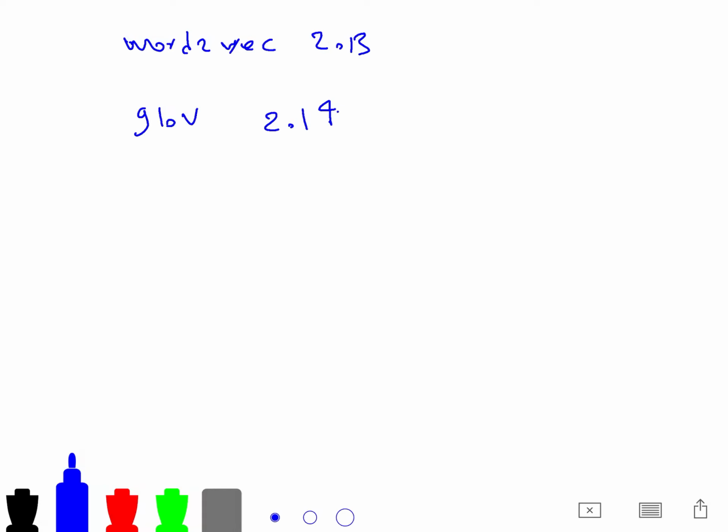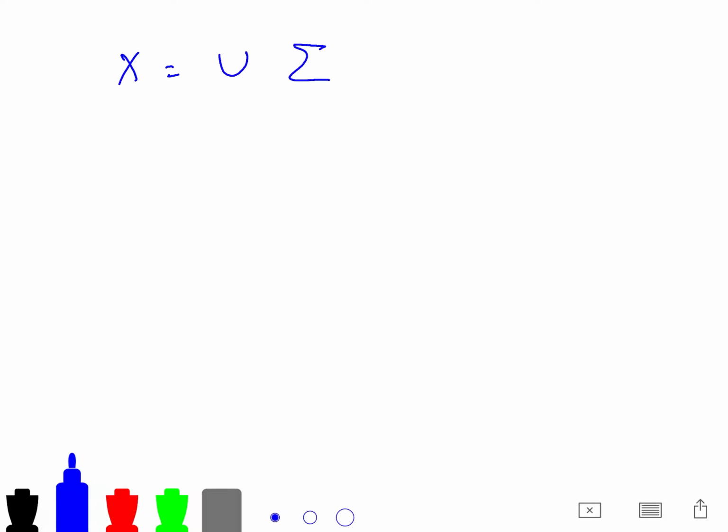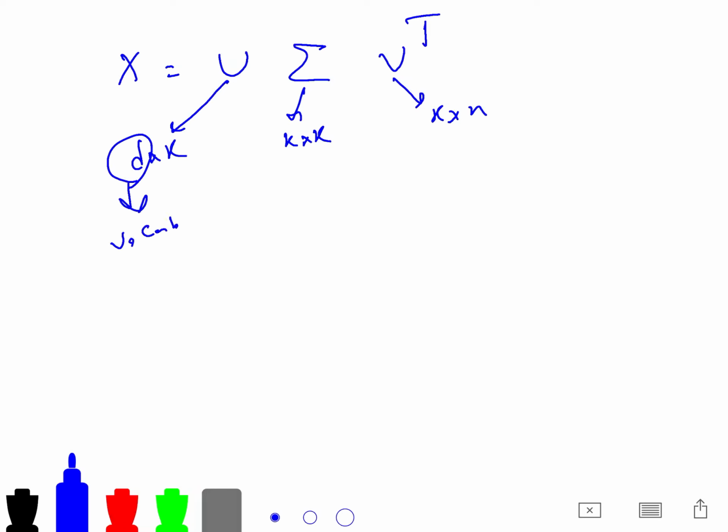So as I said, when you want to represent X, for example, in SVD, it is U sigma V transpose. This is K by N, and this is your diagonal matrix. This is your D by K. D is the size of vocabulary, and the columns of U are eigenvectors of XX transpose.